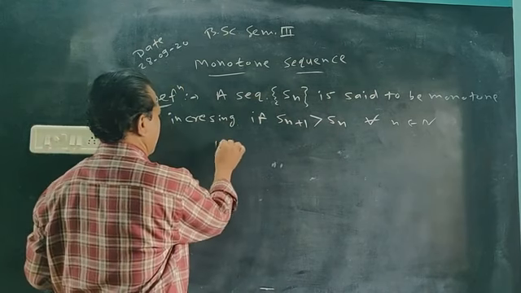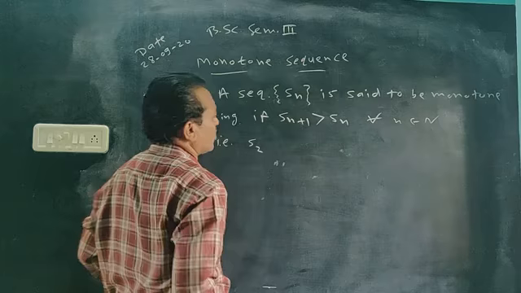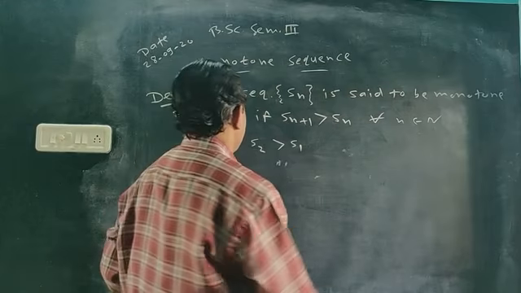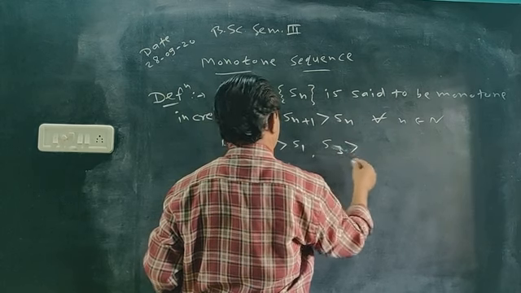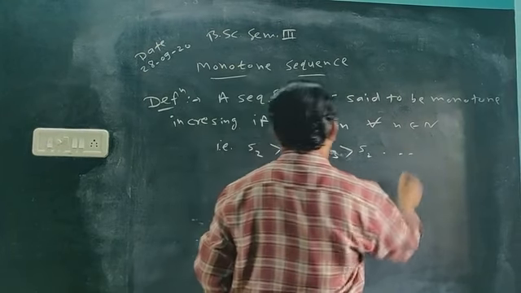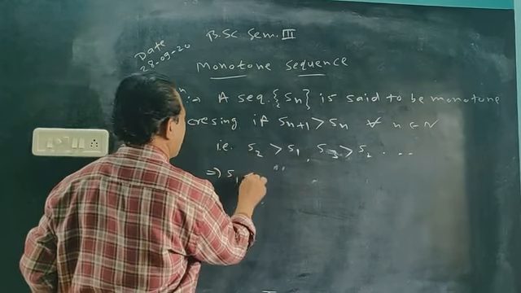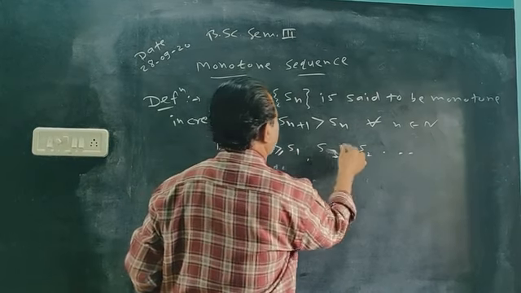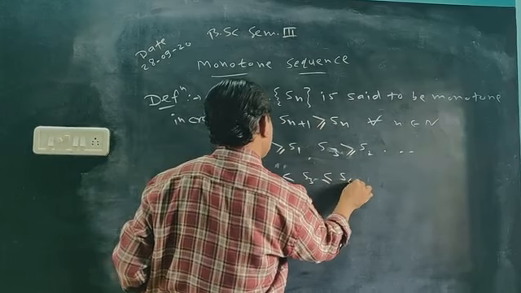That is, if you put n equal to 1, natural number, S2 is greater than S1. If you look at n equal to 2, S3 will be greater than S2, and so on. So if you arrange, then S1 will be less than S2, S2 less than S3, S3 less than S4.